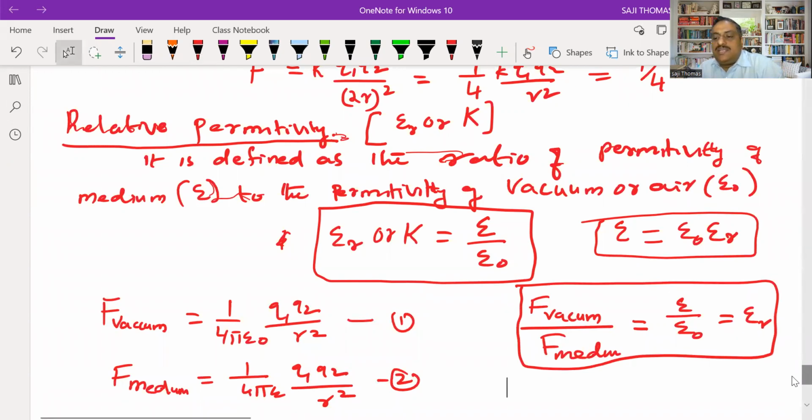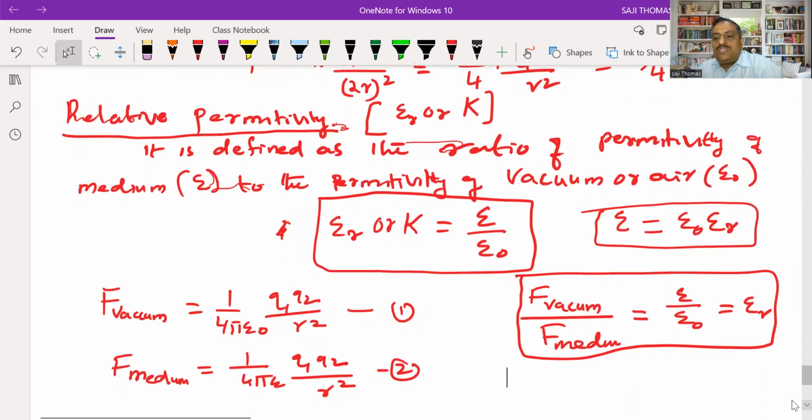What is relative permittivity in terms of forces? It is the ratio of electrostatic force between two charges placed in vacuum to the force between the same charges placed at the same separation in a medium.